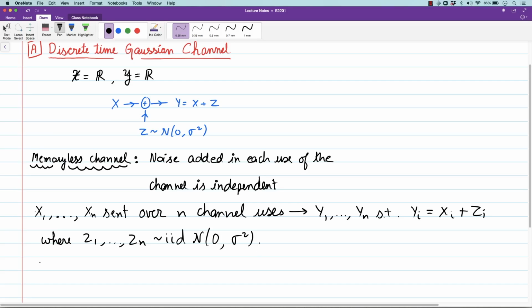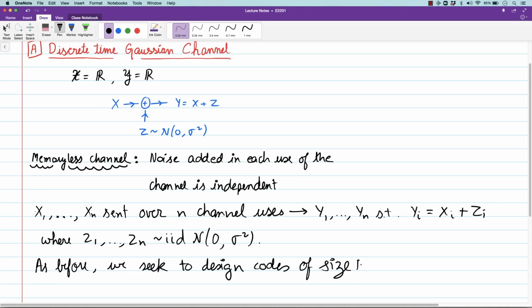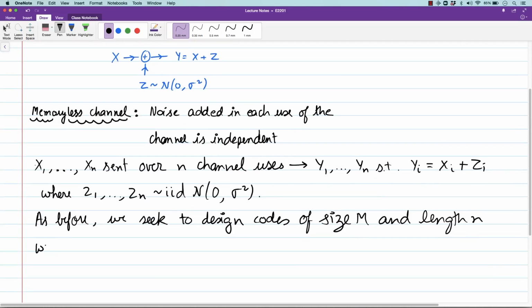As before, we seek to design codes of size m and length n with average probability of error less than or equal to epsilon.